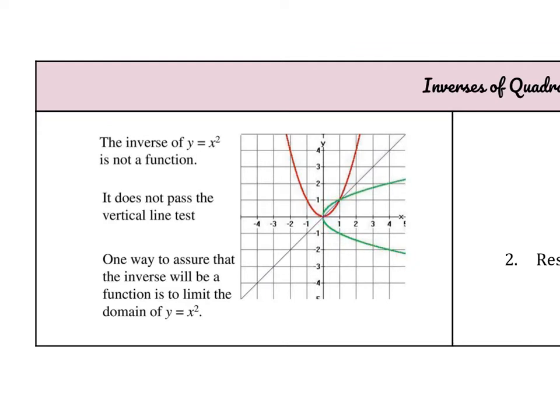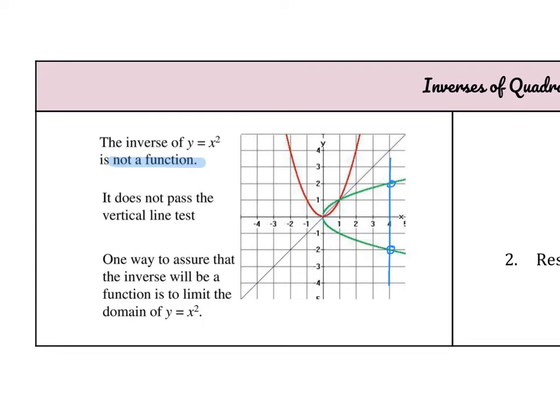The issue is that the green graph is not a function, because it fails the vertical line test. If you draw a vertical line and your graph crosses that line more than once, it is not a function, because for a given x value there are two y values.